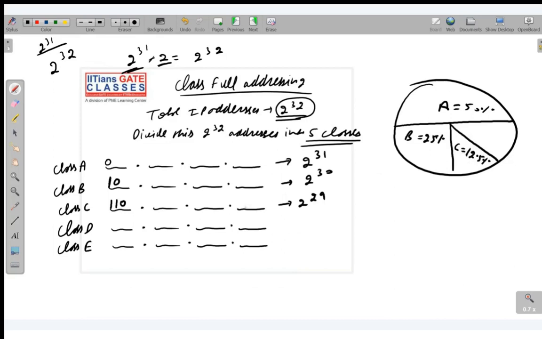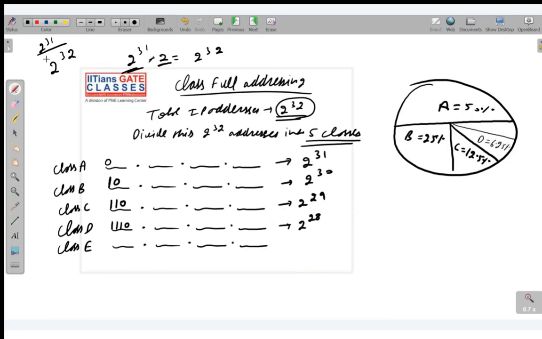For class D, it is 3 times 1 and then 0, so it will be 2 power 28. So 1 upon 16, which is 6.25%. Any difficulty or is it okay? It's okay, sir. So 6.25% is class D.